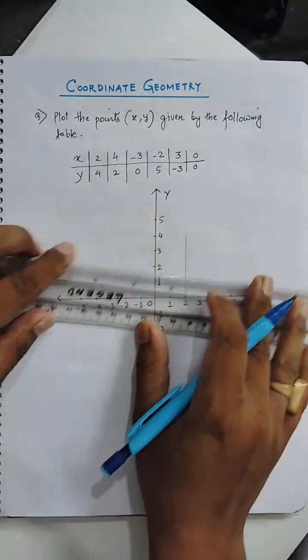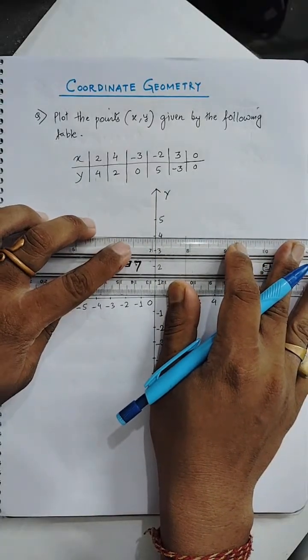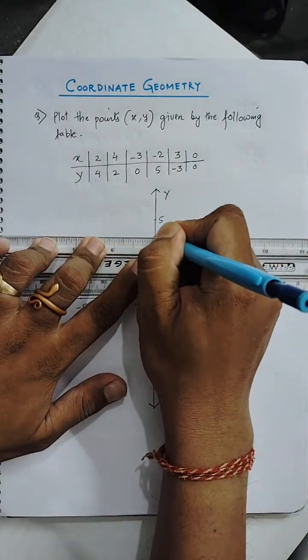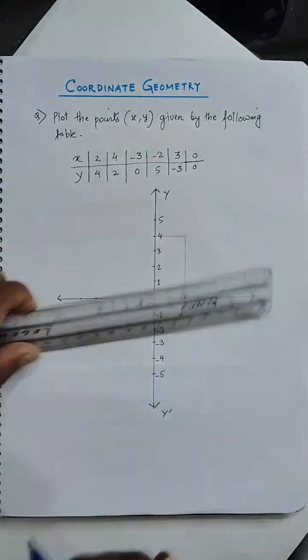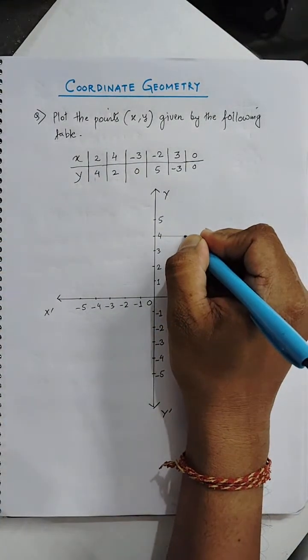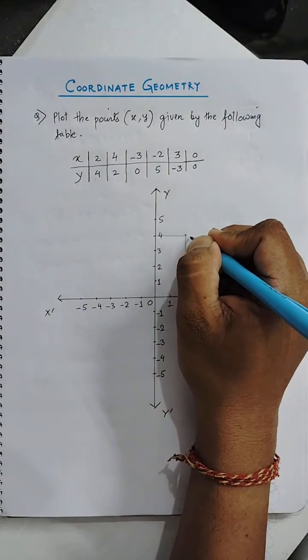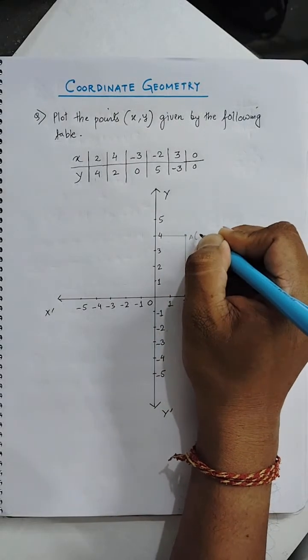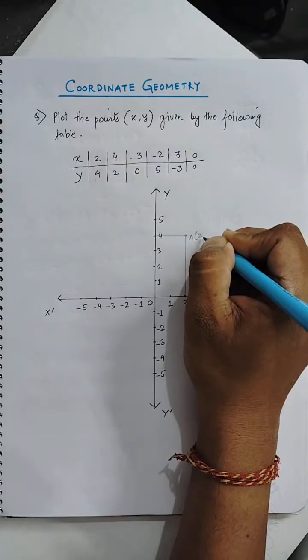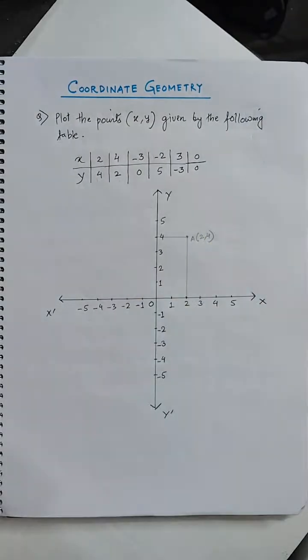You can avoid these lines when you are drawing on a graph paper, otherwise we have to. Okay, so we will mark the point here, and like I said, you can name them. This is point A, where x coordinate is 2 and y coordinate is 4. I hope this is visible, or else I will use a pen for drawing. I think this should be visible.